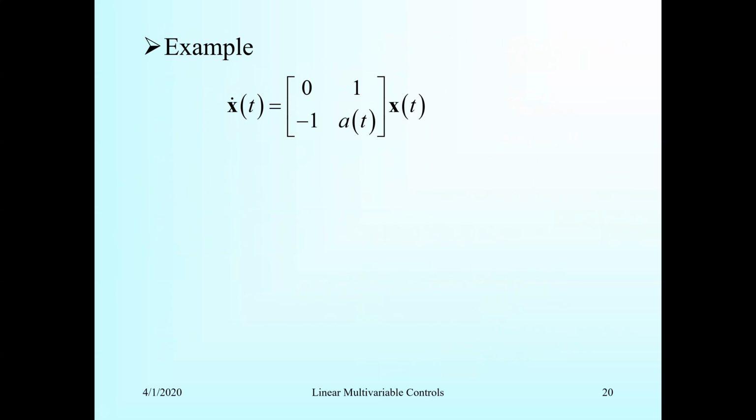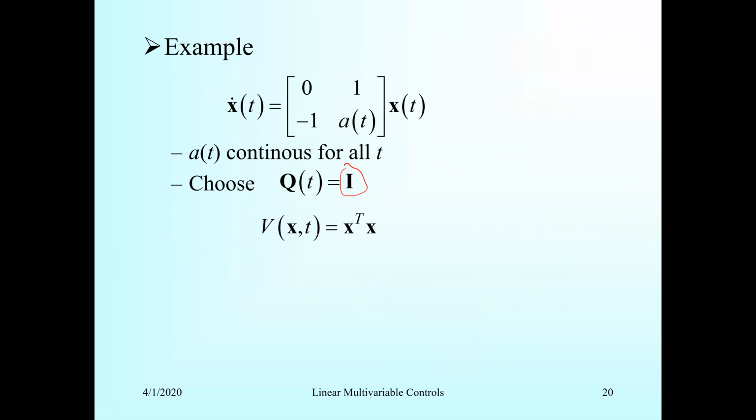So let's run through an example, okay? You have a system like this. A(t) is continuous for all t. And let's assume Q is I. So now it's a beautiful I, and then Q dot is 0, okay? So let's assume that V is x transpose Q x, so Q is I, we'll just leave it.